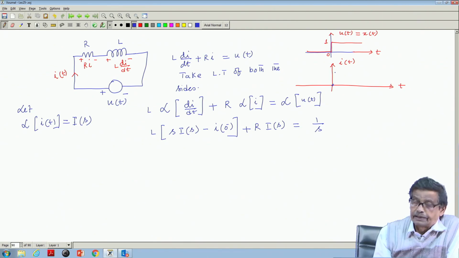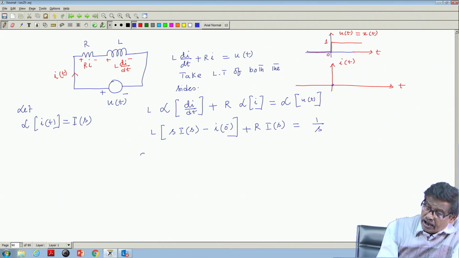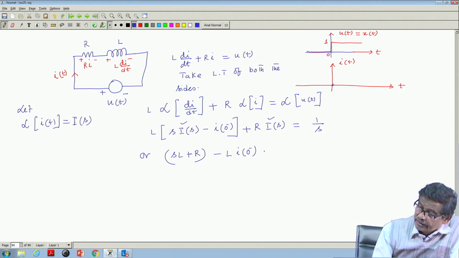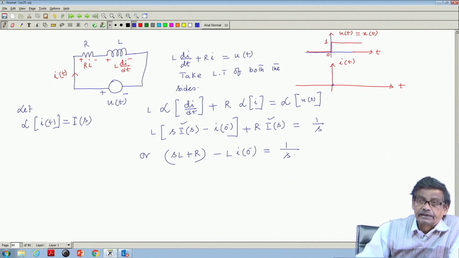So, this is the thing, or I can say that sL plus R, when you group this term and this term together, minus L i(0-) is equal to 1 over s here.